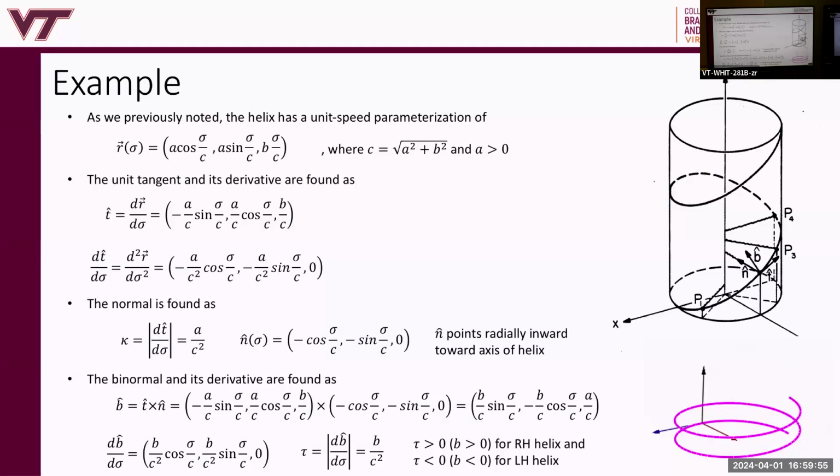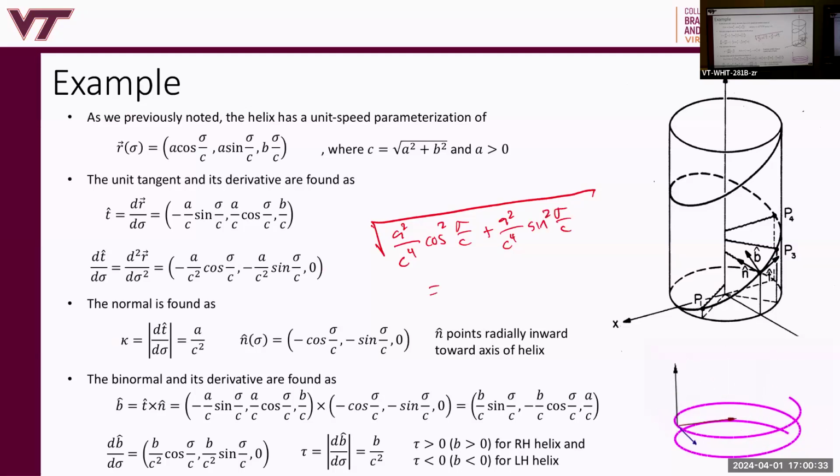To find the normal, one part of that is to calculate kappa, the curvature, which is the magnitude of dT d sigma. If you take the magnitude of this vector, you get the square root of a squared divided by c to the 4th cosine squared of sigma divided by c, plus a squared divided by c to the 4th sine squared of sigma divided by c.